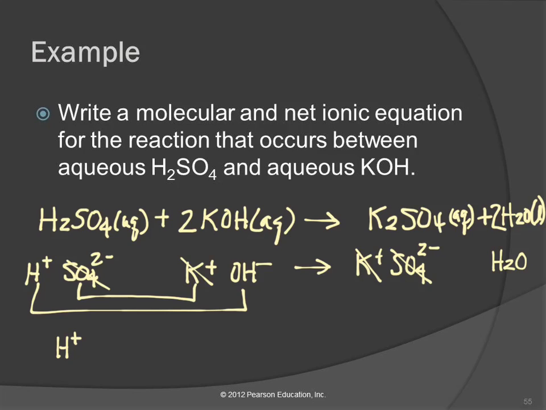We have H plus and OH minus, and they form H2O. The acid-base reactions that we will encounter in this class all have the same net ionic equation. Hydrogen ion and hydroxide ion form water. Any questions?